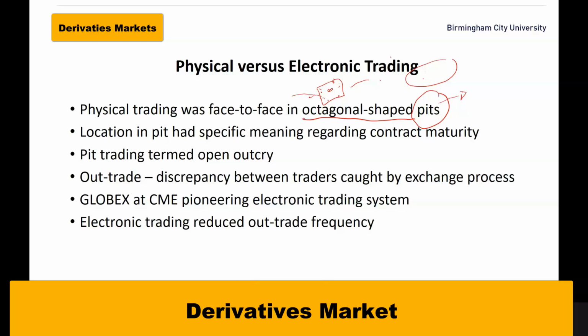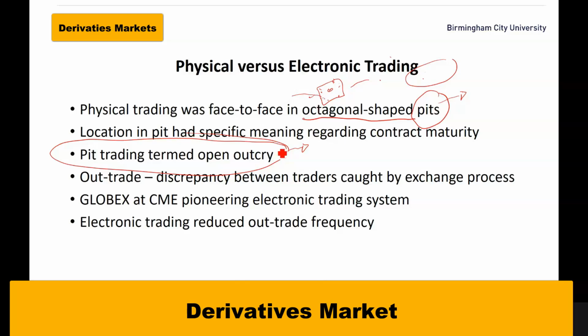Now, this is also called open outcry, when physical trading happens. And there is a possibility that when all this is taking place, there may be some errors. For example, there are people recording all the symbols from the different trading pits in the exchange. They may make an error in recording or interpreting the symbols.